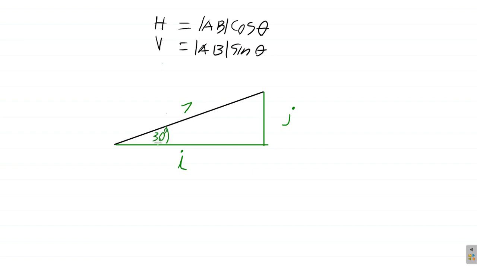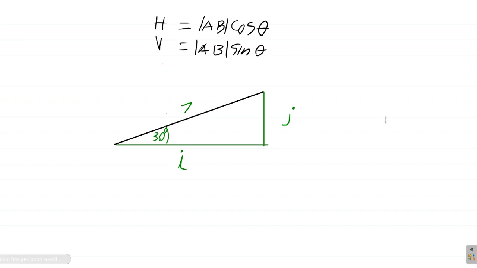Remember, sometimes we're going to use radians instead of degrees, right? Now, being the case, if you have this in radians, what would be the angle in radians if it's 30 degrees?